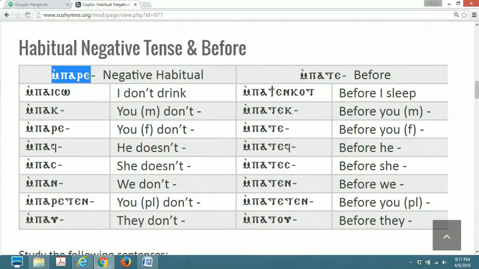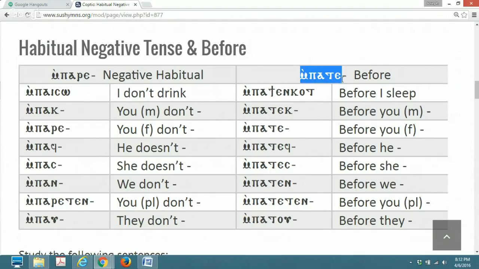So whenever you're prefixing it to a name or some proper person, place, or thing, then you're going to use this full form, which, remember, usually corresponds to the second person feminine singular. So same thing over here on this other side, empate and empate. Okay, so that's the negative of the habitual.